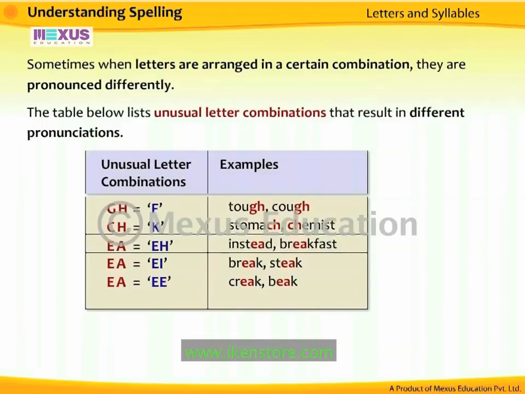The letter combination OU is read as A. So, TROUBLE is read as trouble and ENOUGH is read as enough.